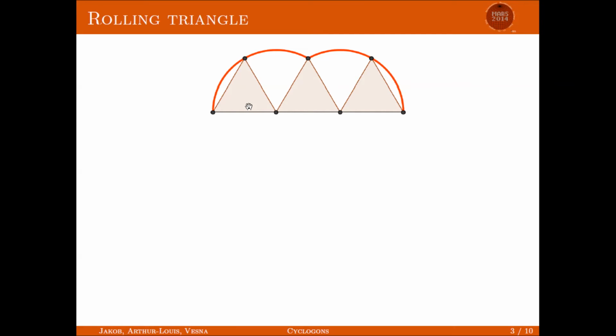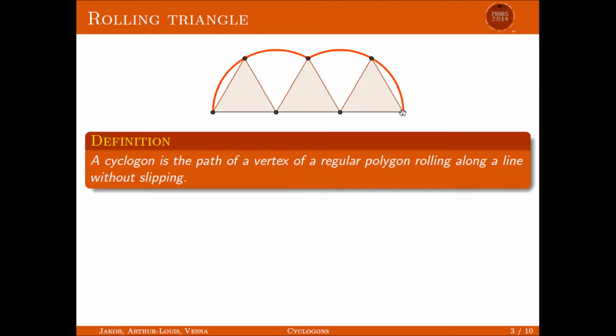You've probably noticed the path representing the movement of the vertex. This path is called a cyclogon and is made up of multiple circular arcs with different radii. Seeing as this is a triangle, the arcs are all of the same length and both radii are equal to the length of the triangle's side.